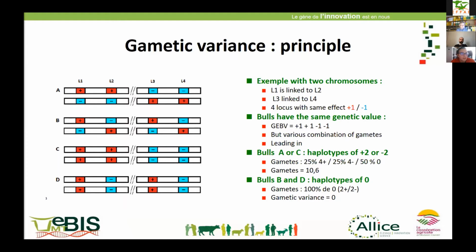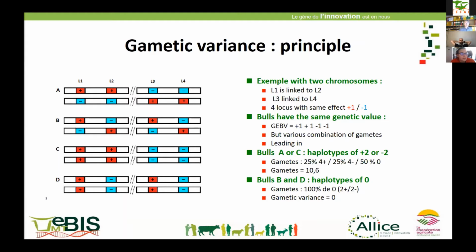You have locus 1, which is linked to locus 2, and locus 3, which is linked to locus 4. If you assume that all loci have the same effect, meaning the locus in red has +1 and the locus in blue has -1, then all bulls have the same genetic value. They all carry 2 favorable alleles and 2 unfavorable alleles.